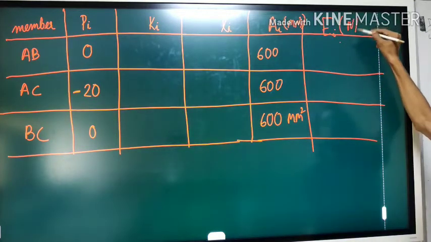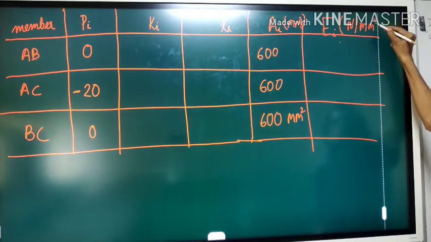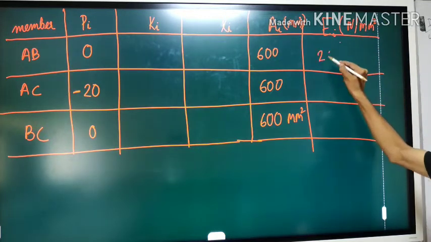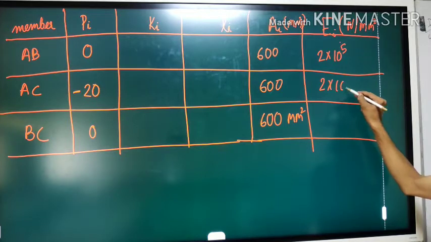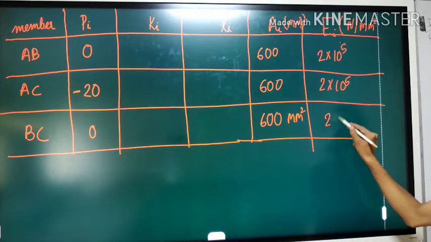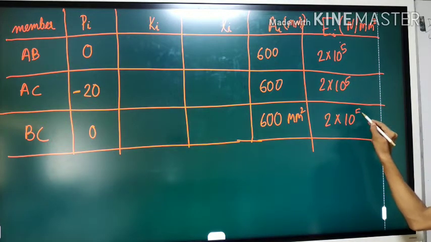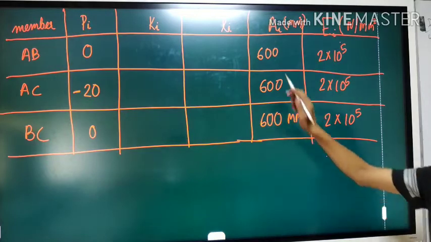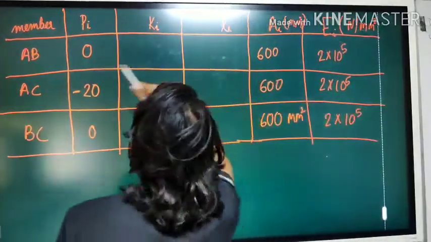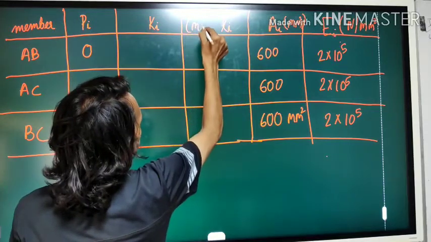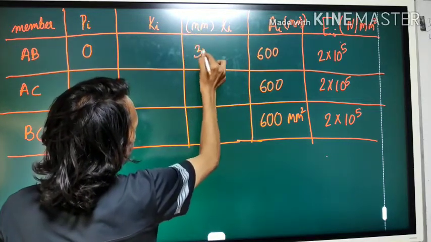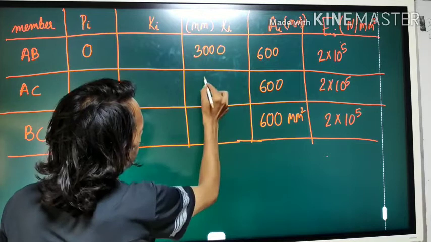Its unit is Newton per mm square. So this value was 2 into 10 to the power 5. Okay. What were the values of L i? AB was 3 meters, so let me write it in the unit mm. So it was 3000 mm.